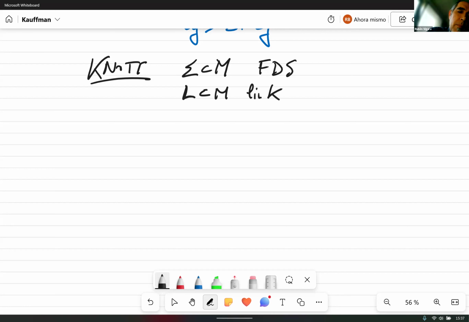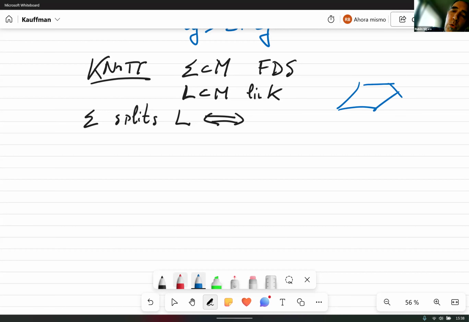We say that sigma splits L if and only if each face of the Dehn surface can contain at most one intersection with the link, and each region of the Dehn surface, each complementary ball, can contain at most one arc of the link, and that is a knot.